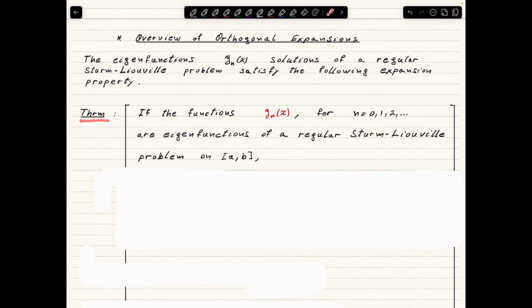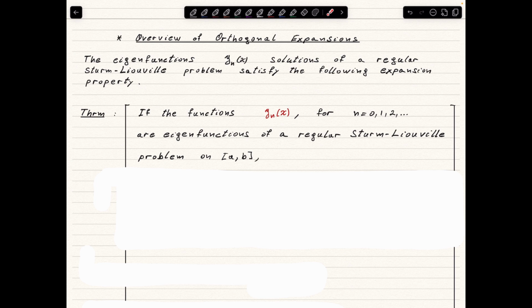Theorem. Suppose we have functions yn for some index n that we are labeling from 0, but this is not important. We can start at 1, 2, 3. Let's just fix one possibility. We label with index n from 0, 1 to infinity. These are eigenfunctions of a regular Sturm-Liouville problem on some interval AB.